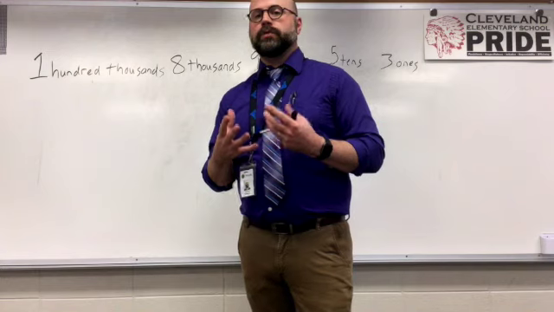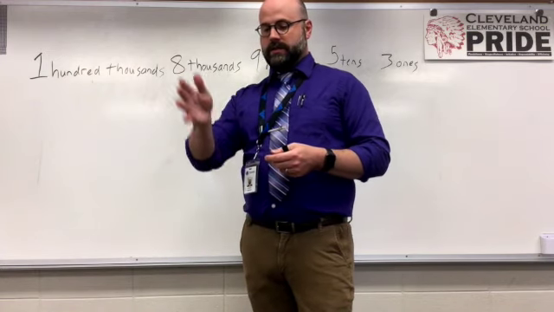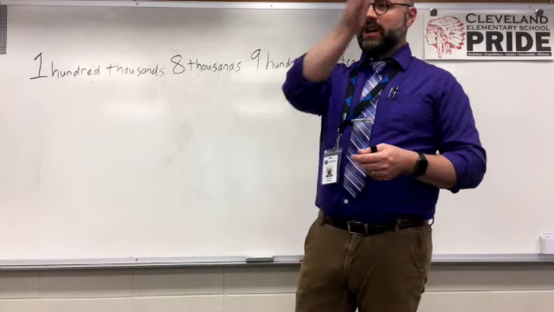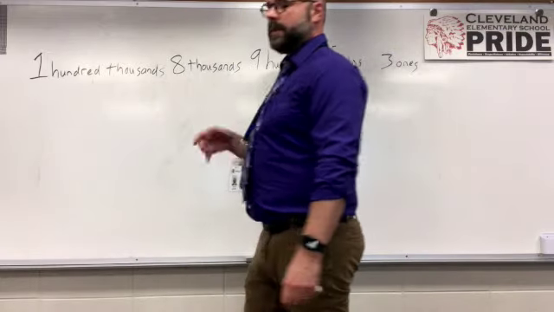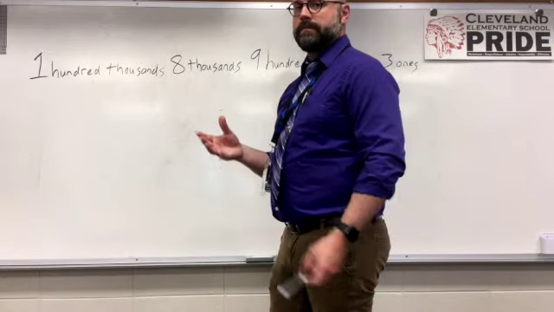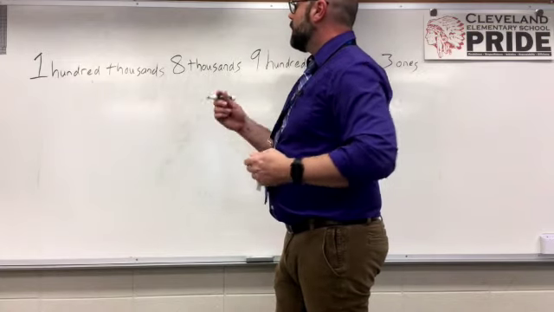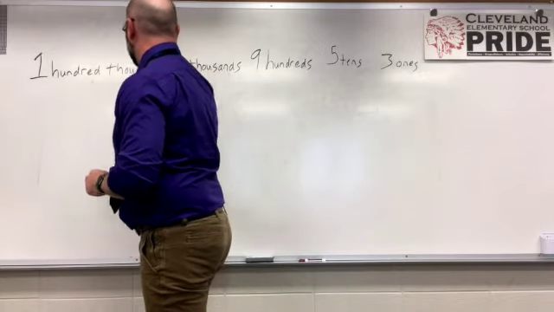Let's think about the place value chart again, guys. Ones, tens, hundreds, thousands, 10,000s, 100,000s. So I see that I have 100,000s here. I'm at least going to have 6 numbers then, because I'm working up at the 100,000 spot in my place value chart. So I'm going to start off and I'm just going to write 1.